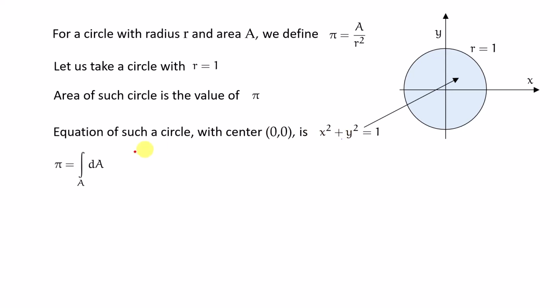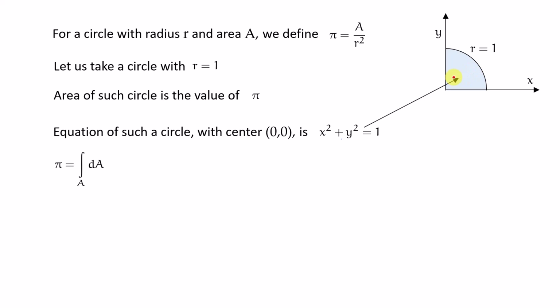Now the area of this circle will be pi, but then the circle is symmetric, so it's not necessary to find the entire area. We can, for instance, remove half of it and find the area of this semicircle. And even here, we can remove 1/2 of this and find the area of this quarter circle.